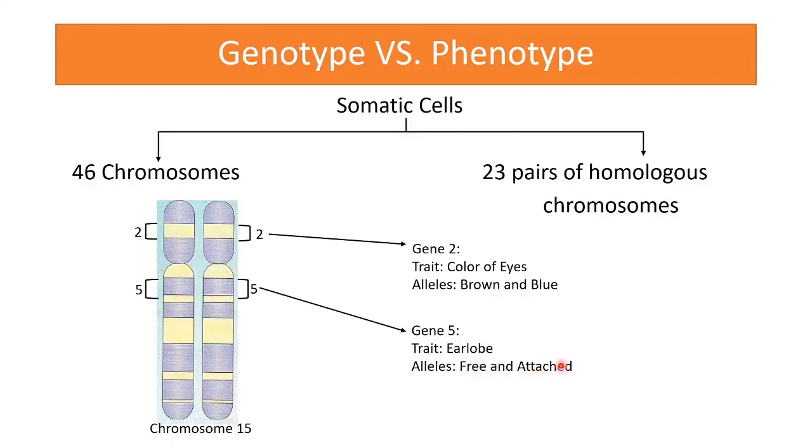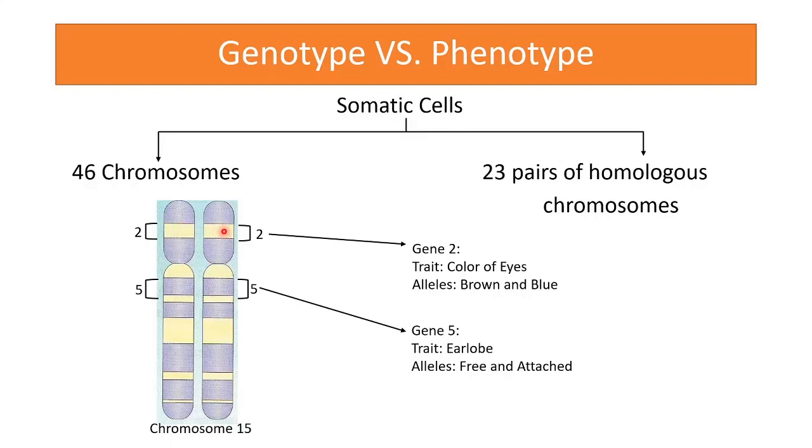Now, what do I carry in these two genes of chromosome number 15 on gene number 2? Maybe I have two brown alleles, that is, I have inherited one brown allele from my father and one brown allele from my mother.